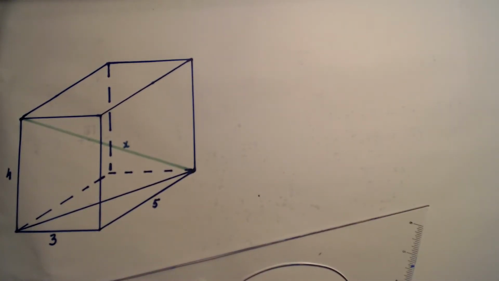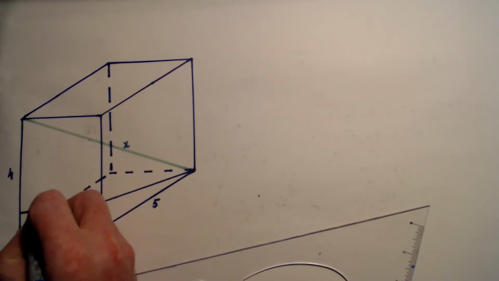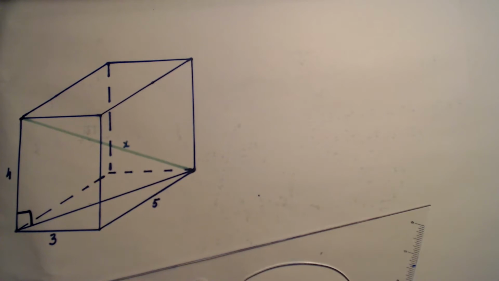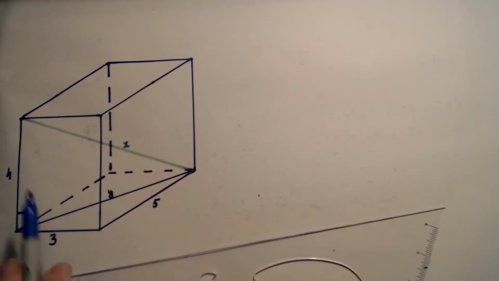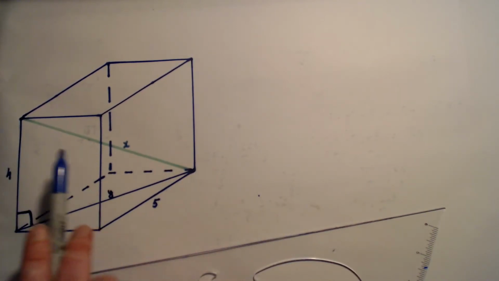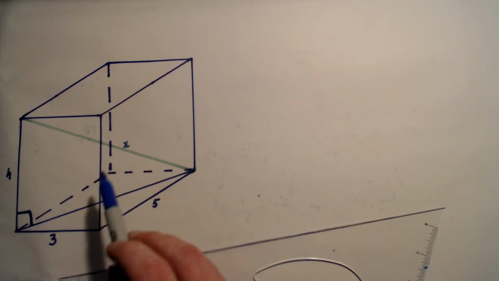Then I have a right triangle right there, looking in this direction. I have a right triangle for this distance here, which let's just call y, and x, my long side. Unfortunately, because I don't know two of the sides, it's not very helpful to use the Pythagorean theorem there yet.